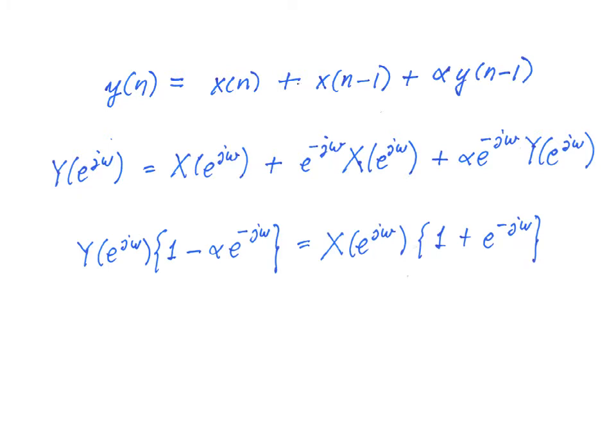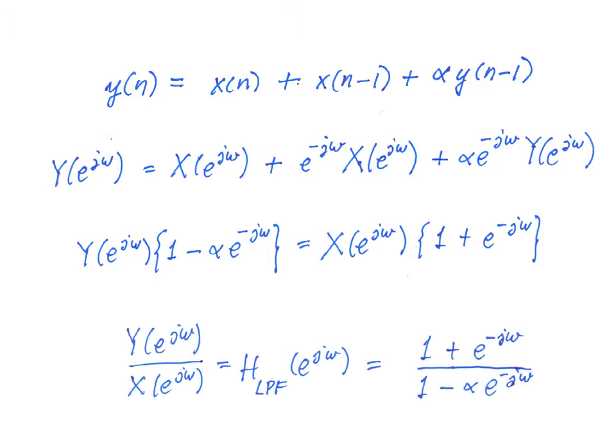Here we factored out Y of e to the j omega from both sides and X of e to the j omega from the right side. And taking the ratio of these, we have the transfer function of the low-pass filter that I have presented to be the ratio of 1 plus e to the minus j omega divided by 1 minus alpha e to the minus j omega. Both numerator and denominator of this expression are functions of frequency.